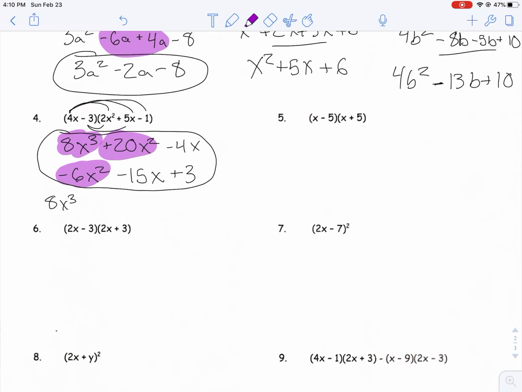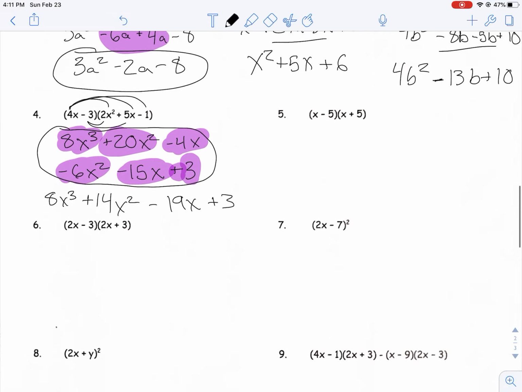So this one here can be combined with this one here. 20x squared and negative 6x squared would be a positive 14x squared. Then we combine this one with this one. And we have negative 19x plus 3. That plus 3 is just going to go at the end. That's not going to combine with anything. That's it.